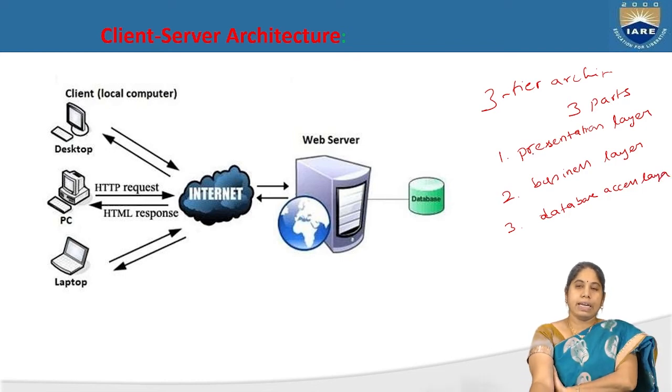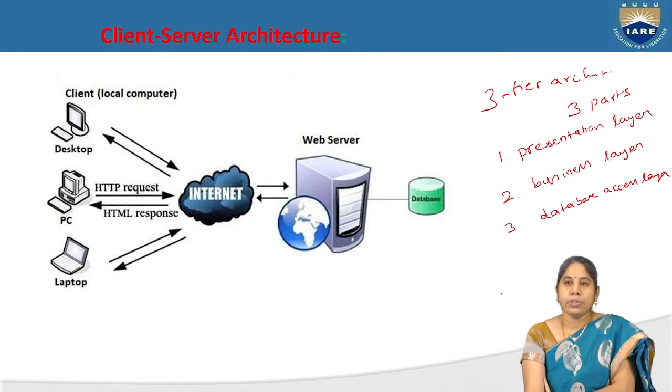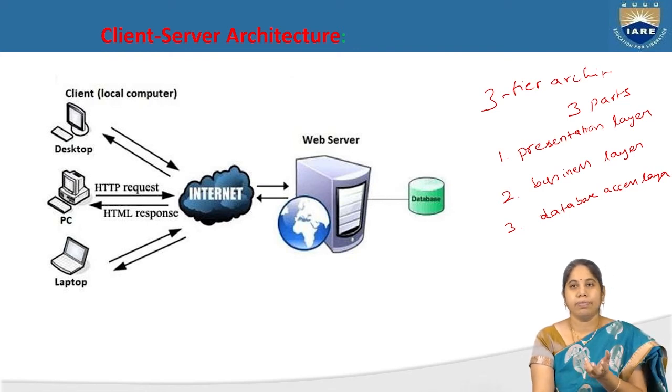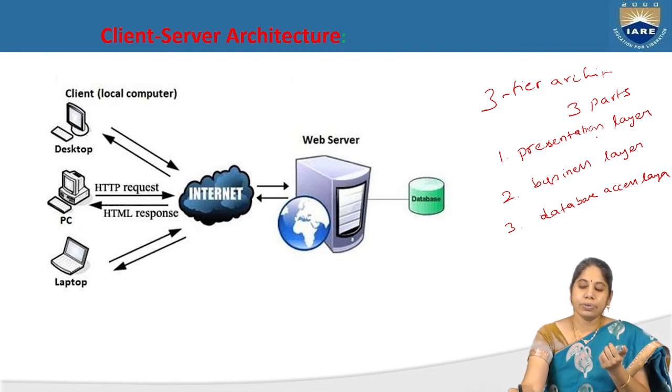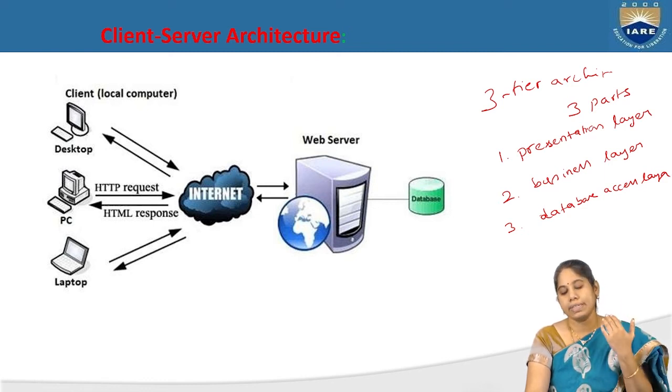So what is the advantage of this three-tier architecture? Suppose at a later point the client wants to change some structure of the user interface or the front page. Then he will make the changes in the presentation layer, which is how the website appears to the outside world.